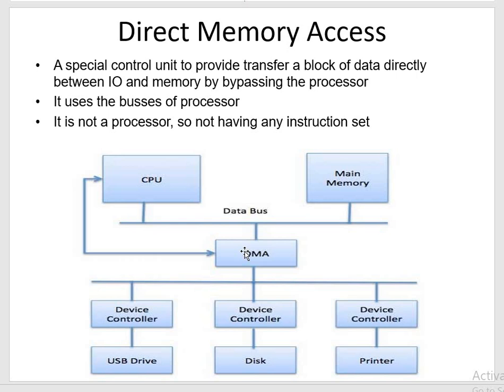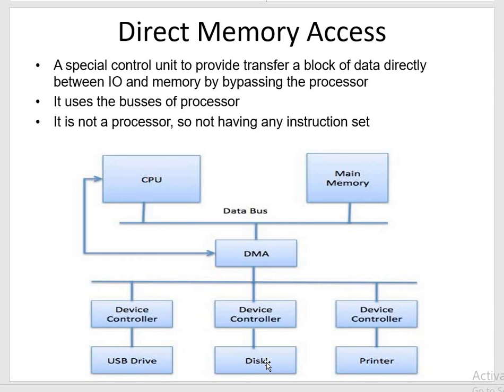The processor is used to initialize the DMA process. Once the DMA is initialized by the CPU, and when the CPU gives the indication and hands over control of all the address and data buses, only then will it establish the direct link between I/O to memory, memory to I/O, or memory to memory.